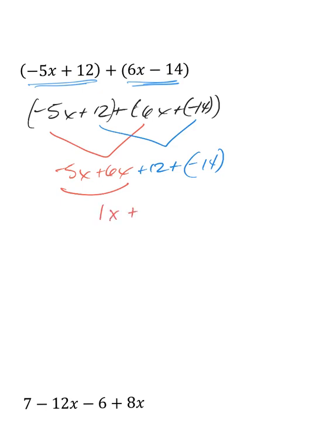And when I add 12 plus negative 14, I get negative 2. So my answer could be x plus negative 2. You could also write x minus 2. And some of you might have written negative 2 plus x. All three would be acceptable answers.